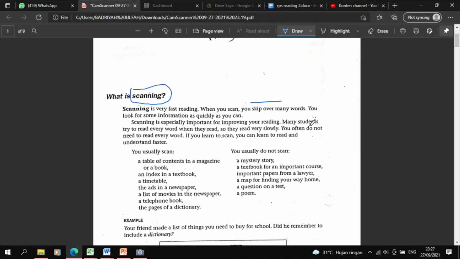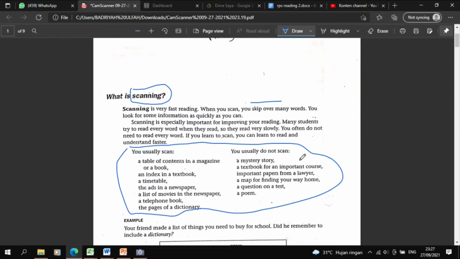Many students try to read every word when they read, so they read very slowly. Now, you often do not need to read every word. If you learn to scan, you can learn to read and understand faster. But here we have two different types of text: where you can use scanning and where you do not use scanning.